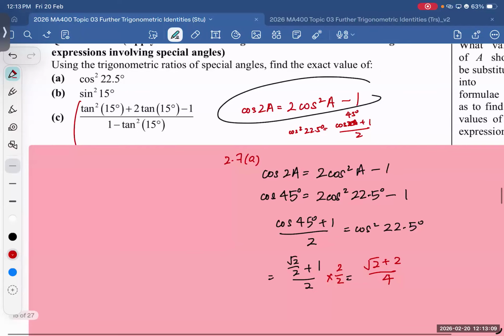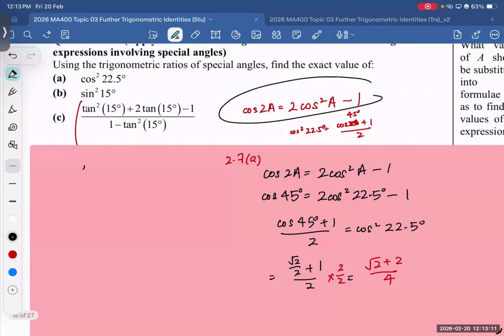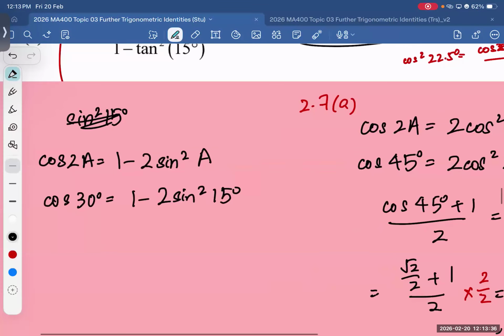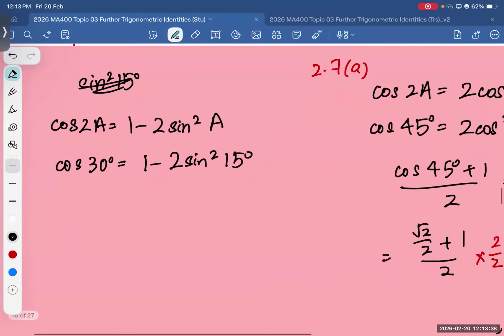Okay, so now sine square 15 degrees. Again, what comes to my mind? The friend is 30. I know that cos 2a is 1 minus 2 sine square a. So that means cosine 30 is 1 minus 2 sine square 15 degrees. Learn to put numbers into your letters.